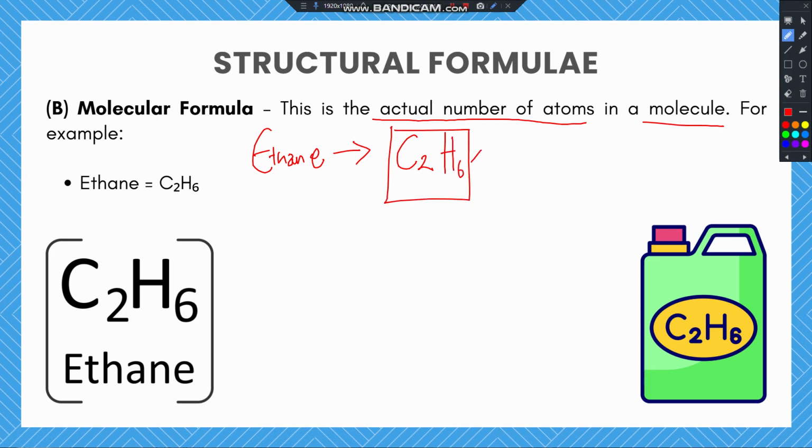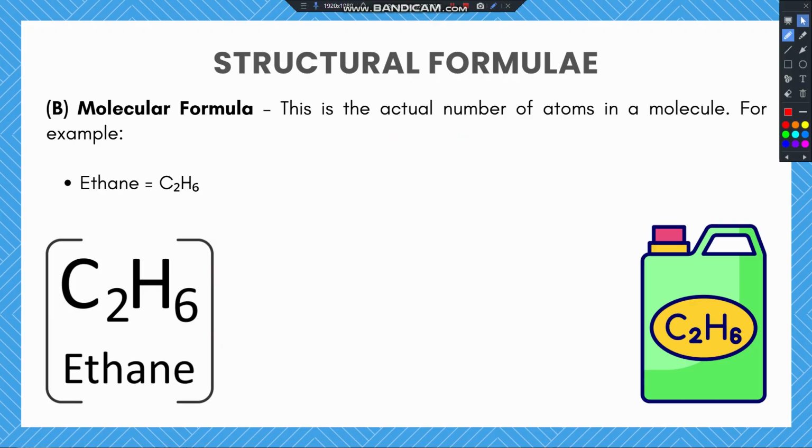This is the molecular formula. And as you can see, the number of atoms are well depicted and the elements that are present are also depicted as well. So that's another format with which we depict chemical compounds in organic chemistry using the molecular formula. So the first one was the empirical formula. The second one was the molecular formula.